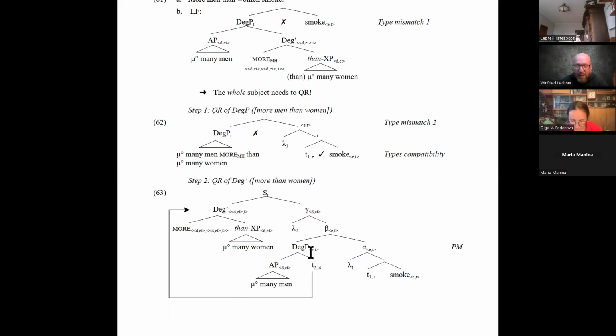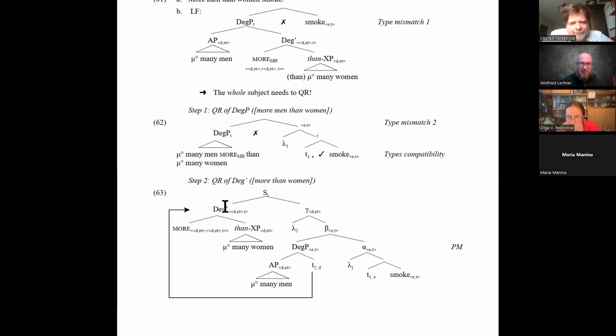We have a predicate that can be combined with another predicate by predicate modification. We abstract over that degree argument, and we get something that can be combined with the landing site of the second step of QR. So this two-step version of QRing to avoid type mismatches allows us to get the logical syntax right.